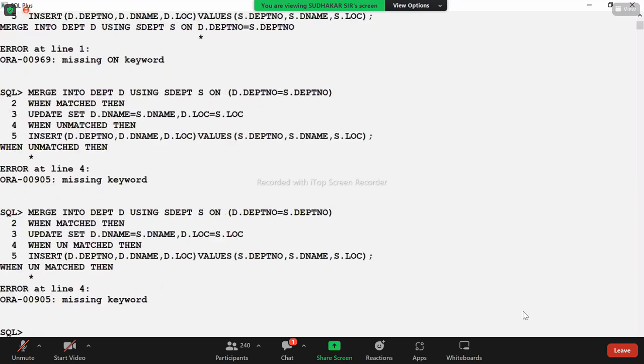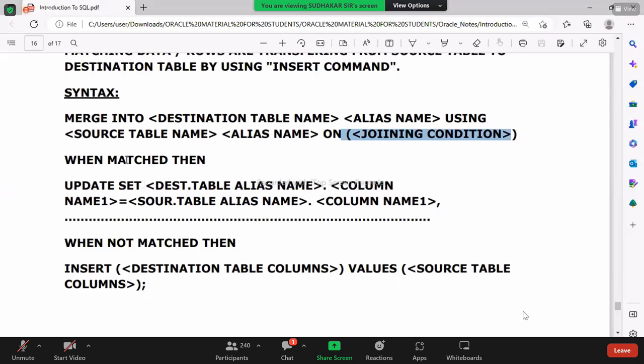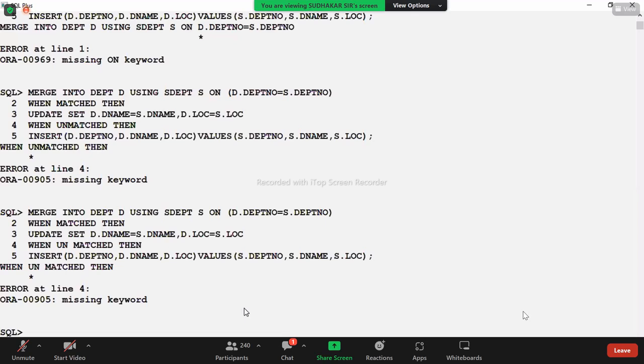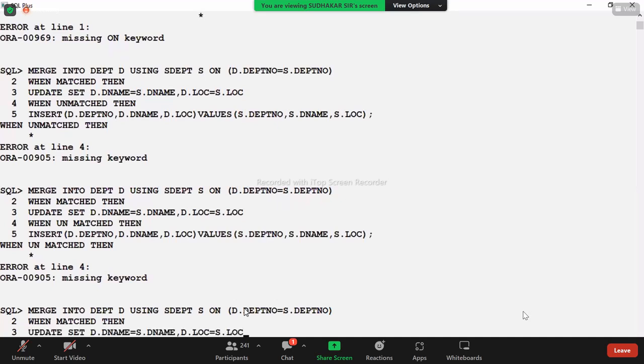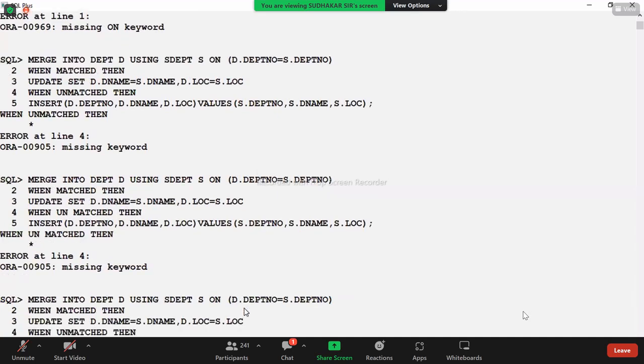Update set, when matched, not matched. Okay, okay, sorry. What is this here? Not matched. Okay, not matched. Now then, insert command.